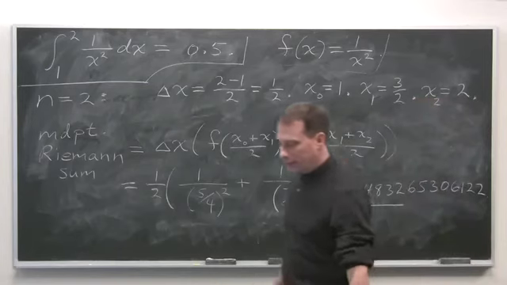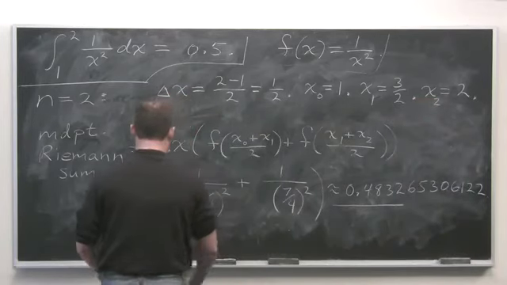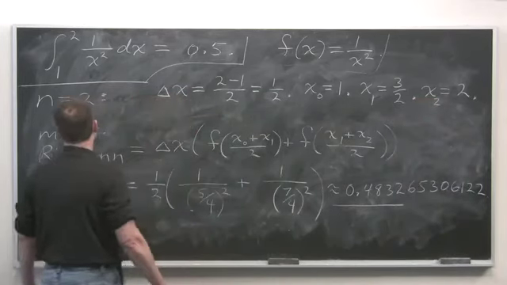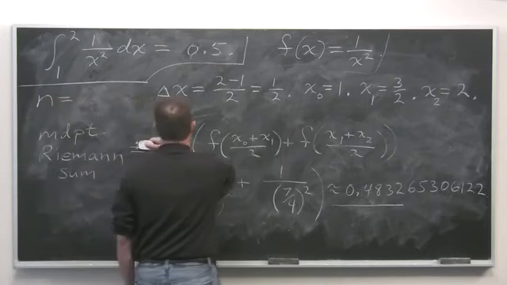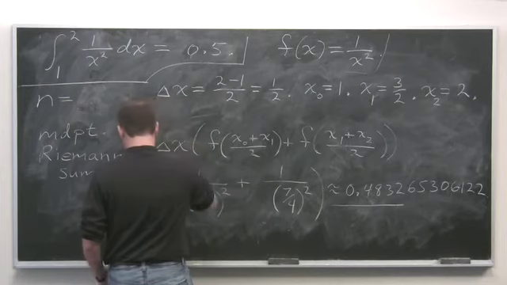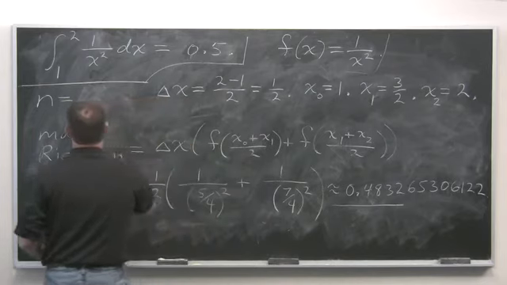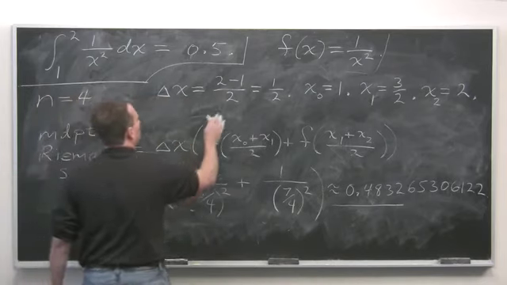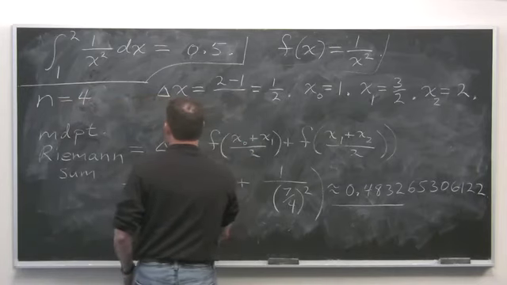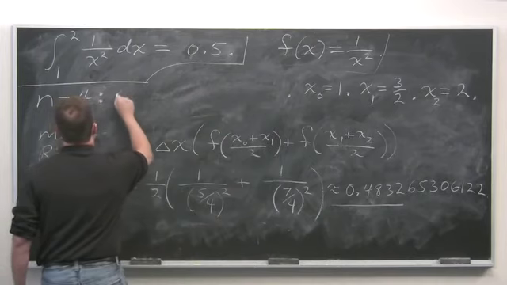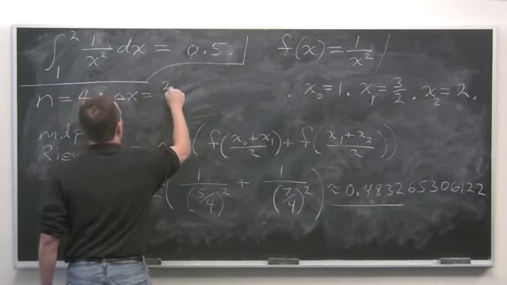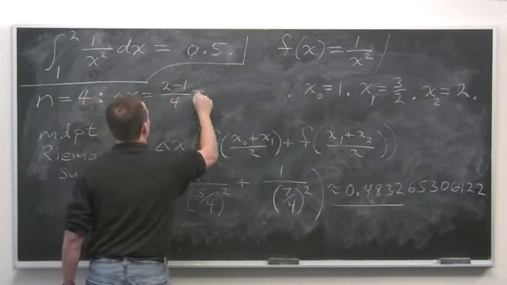Let's go ahead and do n equals 4 and see what we get. I just want to show you what the calculations look like there. N equals 4, then delta x is 2 minus 1 over 4, so it's a fourth.